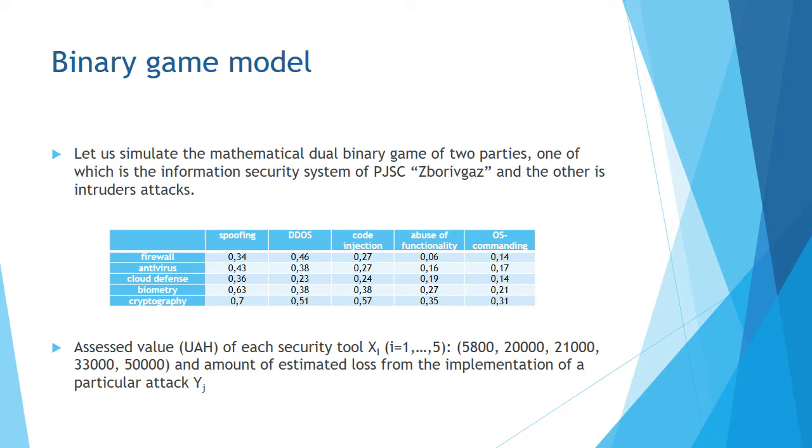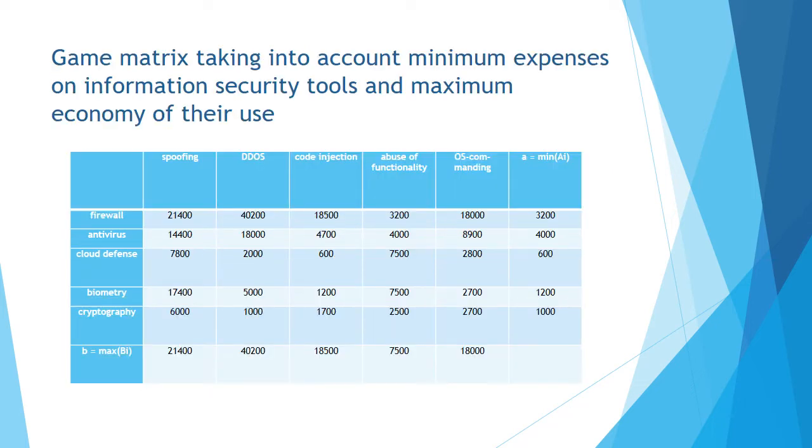We need to take into account the budget for cybersecurity, and we assessed the value of each security tool and the amount of estimated loss from the implementation of a particular attack. And in this matrix we can see this budget for cybersecurity tools.